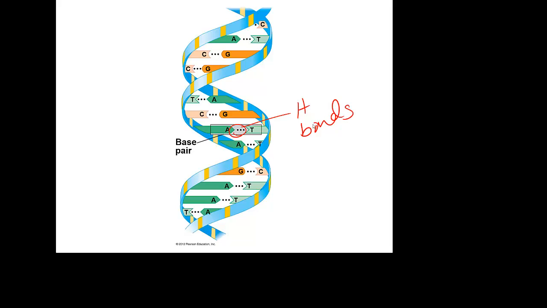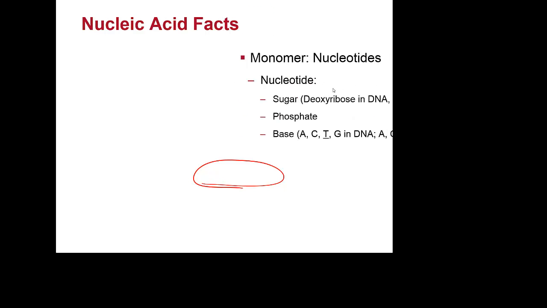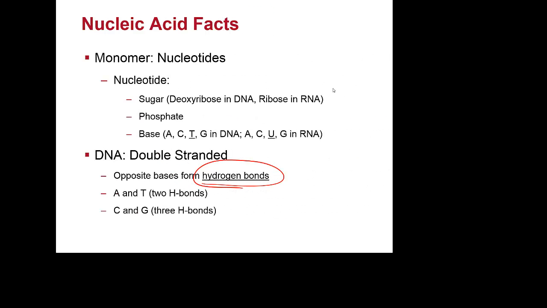We saw this in the chemistry lectures. If you don't remember what a hydrogen bond is, go back and look at that. So we get those hydrogen bonds. A's and T's pair up, C's and G's pair up when we talk about DNA. Again, we're going to spend an entire lecture on thinking about DNA and then another one thinking about how it replicates and behaves. So we'll come back to this.